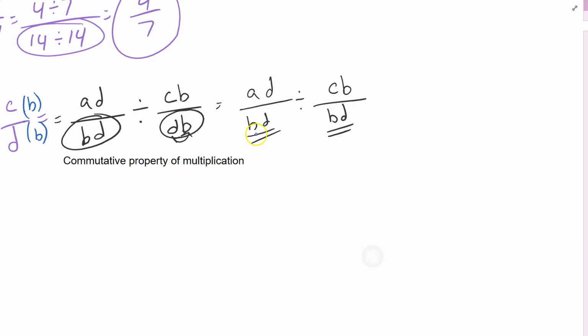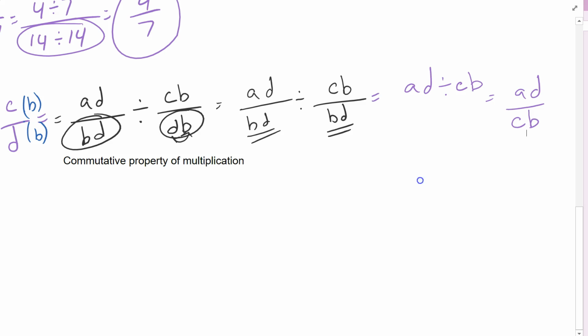So in my last step here, BD divided by BD is going to be 1, and I'm left with AD divided by CB, which would be AD over CB.